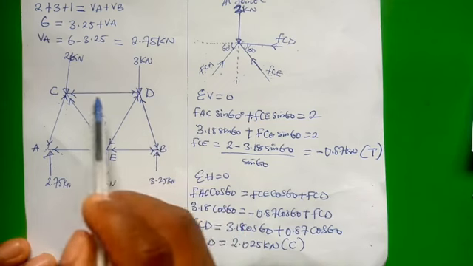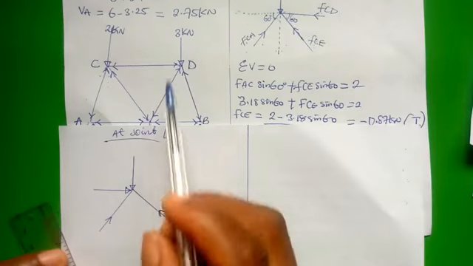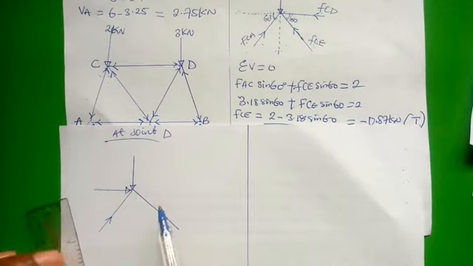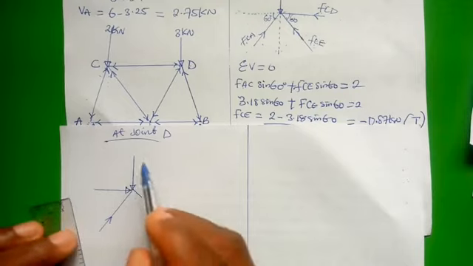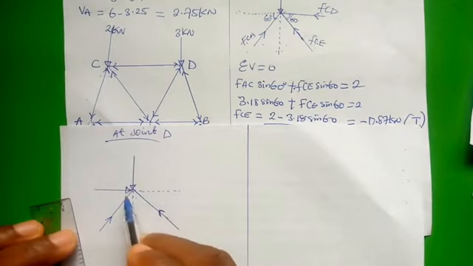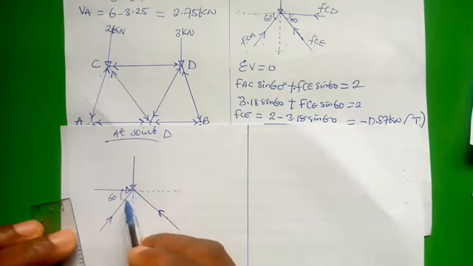Now let's draft out how joint D will look like. So at this joint D, we have something like this. And there's also an imaginary line here, and there's another one here also, and between this place is 60. Therefore this remaining side is 60, because this is perpendicular line and here is 30.